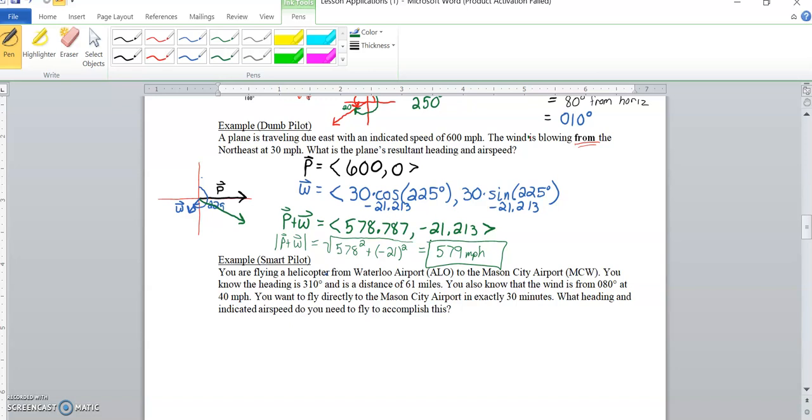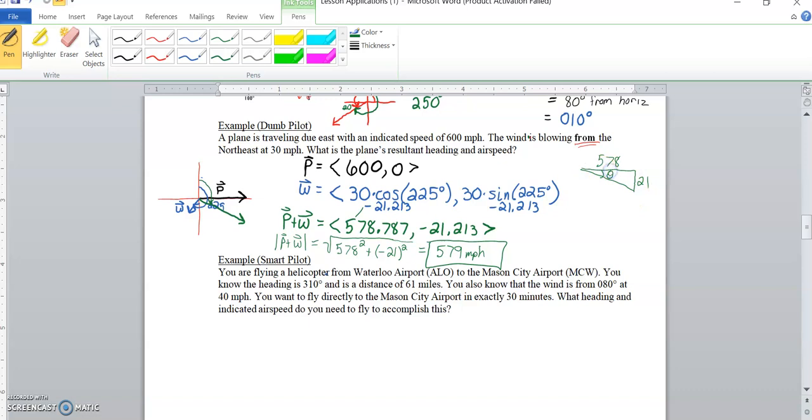If we wanted to know what angle this is, see, so we're going to be from north at 0, and we got to travel around to this fourth quadrant. Let's see, let's draw that triangle. So we've got 578, and we go down 21.